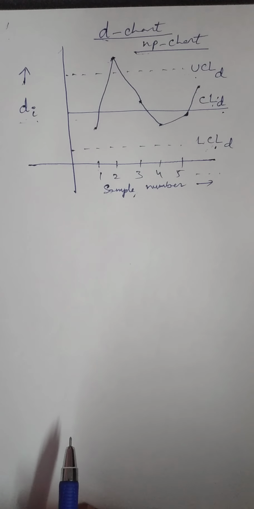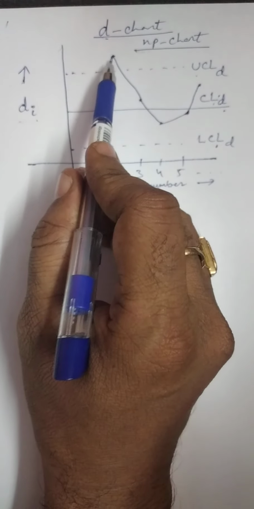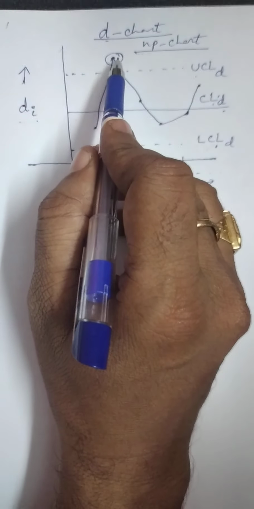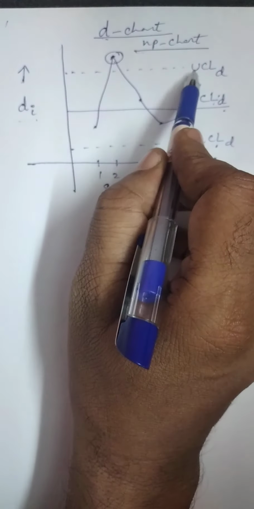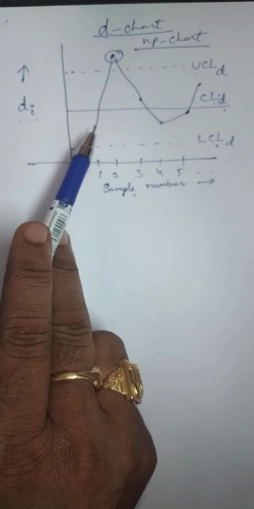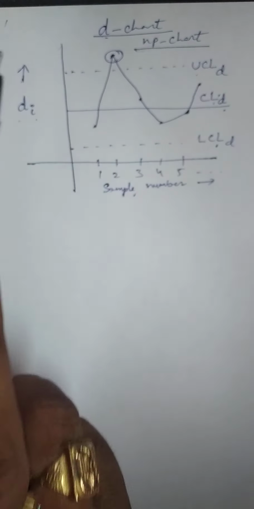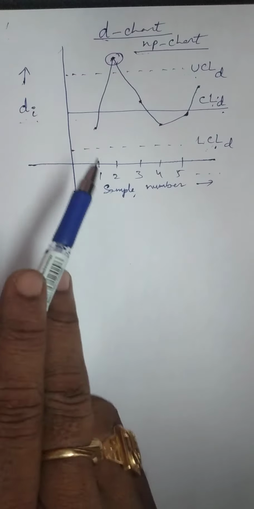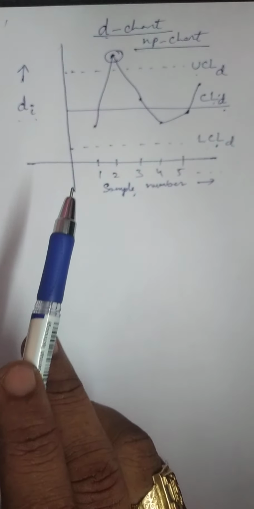For example, if any point falls outside the control limits, as in the example I have given, this point is not between the control limits UCL and LCL. It is outside the control limits, above UCL. Therefore, the process is out of statistical quality control. This is a D chart which represents that the process is out of statistical quality control.